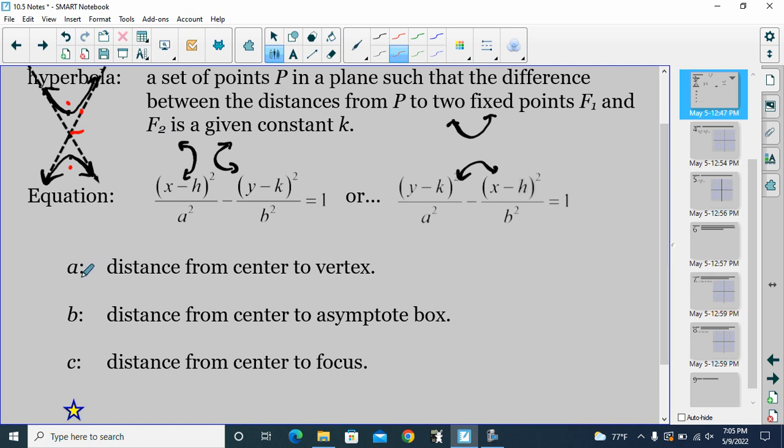There is another relationship between A, B, and C. Notice C is this distance right here, whereas A, distance from center to vertex, is only this distance right here. So C is bigger than A, so the equation can't be a squared equals b squared plus c squared. Instead, C is the bigger one. So for a hyperbola, c squared equals a squared plus b squared.